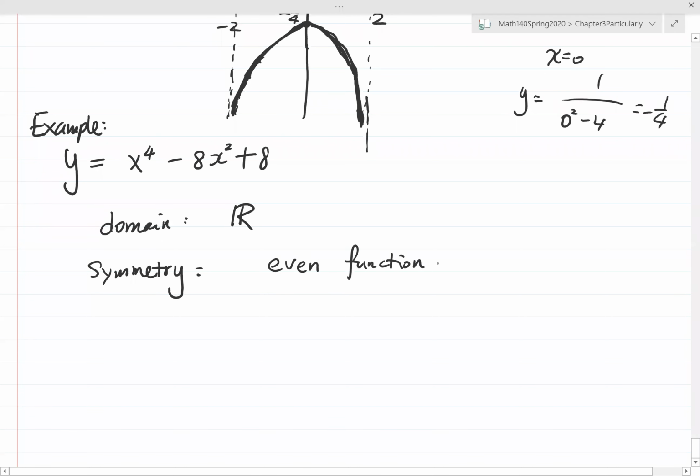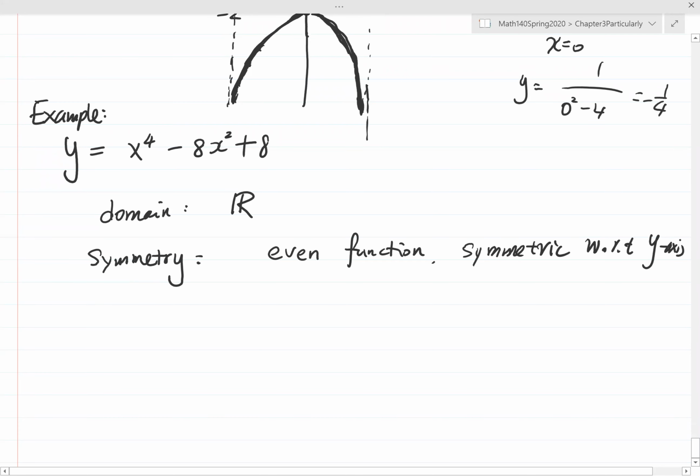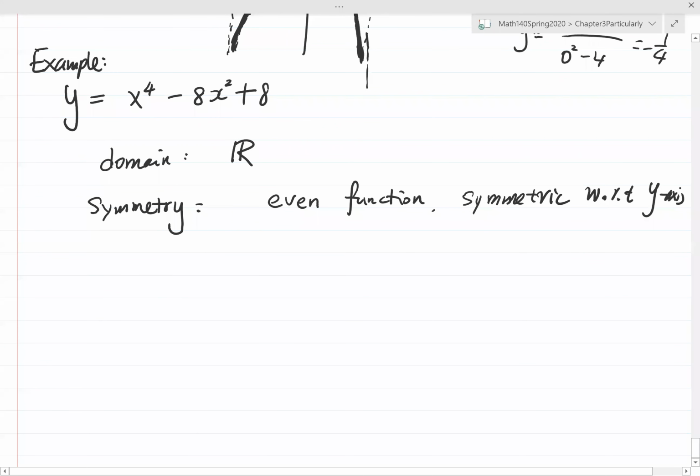So we know it's symmetric with respect to the y-axis. Then we determine its intervals of increase and decrease and find its concavity. So we first take the derivative, y prime.